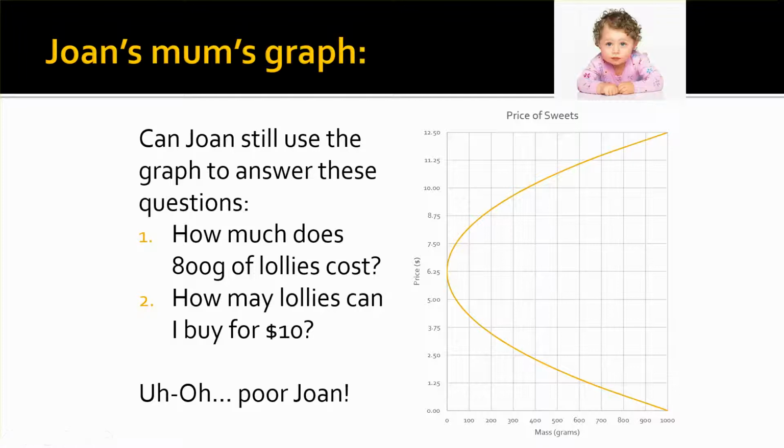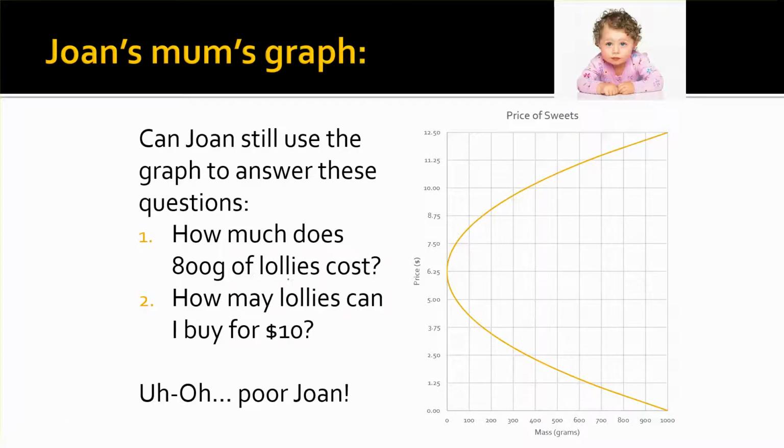Alright, we've also got Joan. Joan's mother has produced this graph for her. Let's see if she can answer those two questions that she fundamentally needs to be able to do to run her lolly shop. Let's look at the first question.